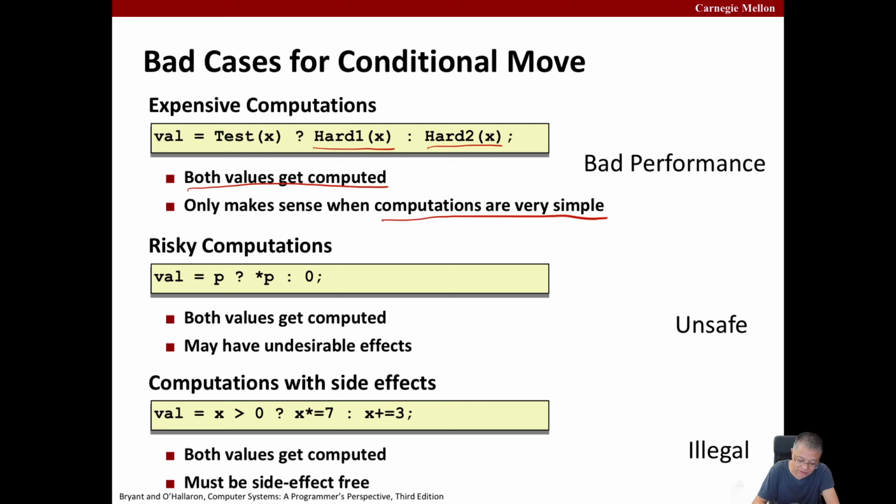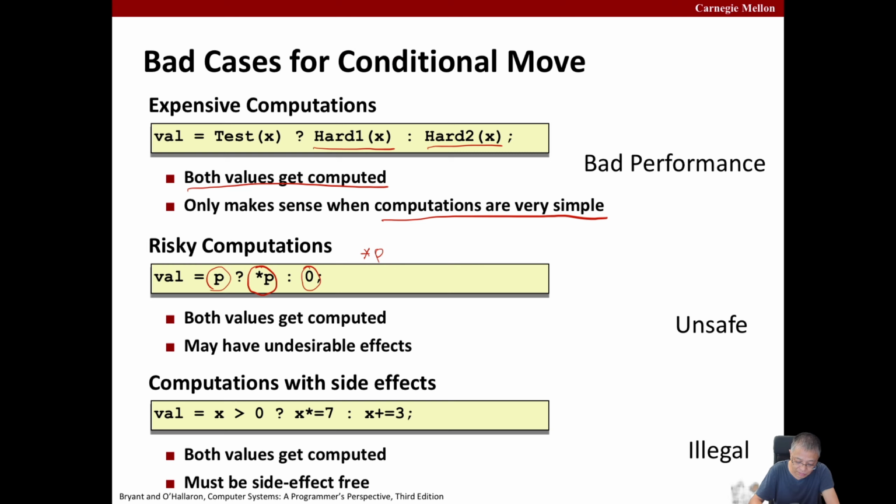There is also the risky computation. Here is an example. We test whether a pointer is nil or not. If it's not nil, we're going to get its value, meaning we dereference the pointer. Otherwise, we return 0.